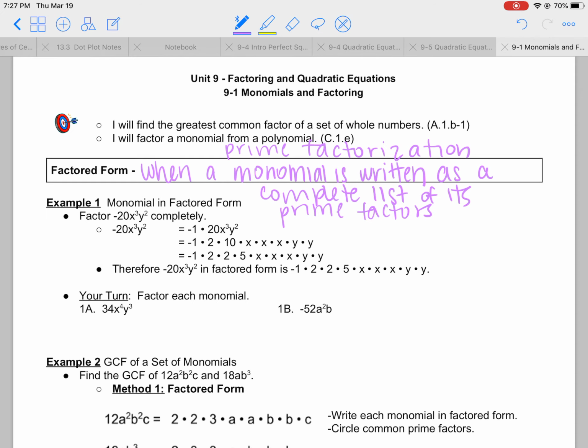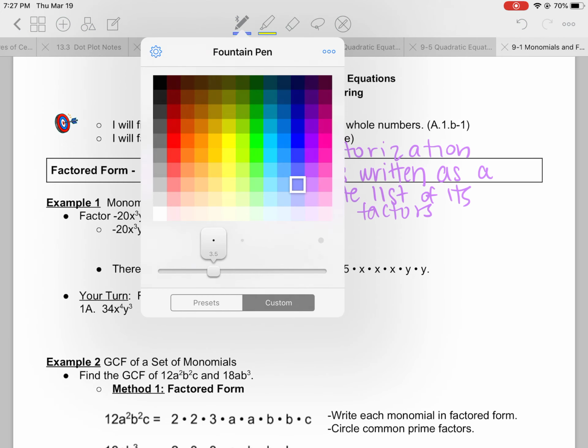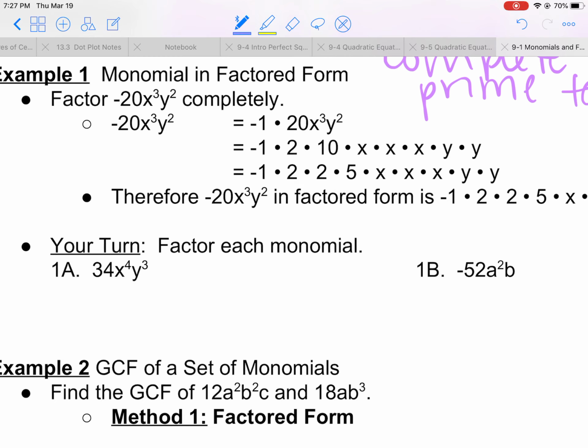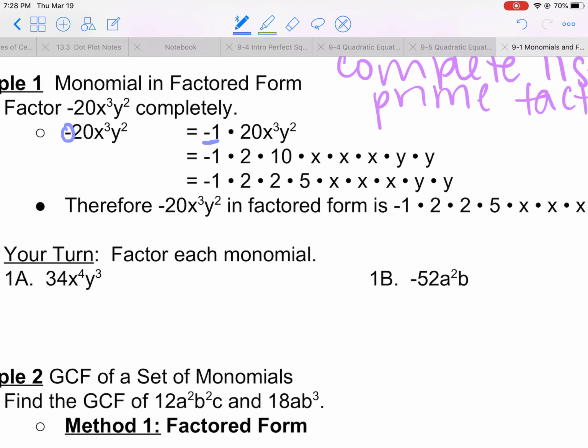For our first example, it says monomial in factored form, and tells us to factor negative 20 x cubed y squared completely. First of all, you have to factor out this negative, so it becomes a negative 1. Then I list out negative 1 times 20 x cubed y squared.